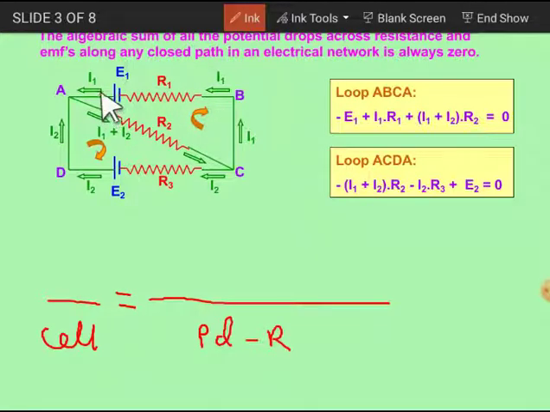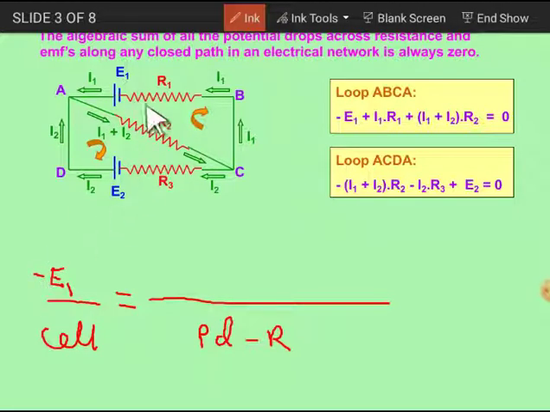If the direction of the loop is going from positive terminal to the negative terminal, positive electrode to negative electrode, then you have to take it as minus E1. Positive to negative, then you assign negative. If it is from negative to positive, then you assign positive. But in our case, the loop direction is from positive to negative, so we have to assign negative.